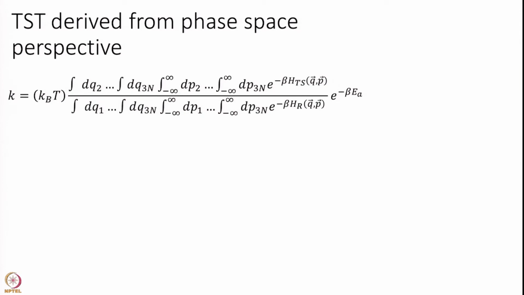Okay. Now, we realize that the partition functions really look like these integrals. So, the partition function in 3n dimension is really defined as h to the power of 6n, sorry, dq1 to dq3n, dp1 to dp3n into e to the power of minus beta h. Okay.